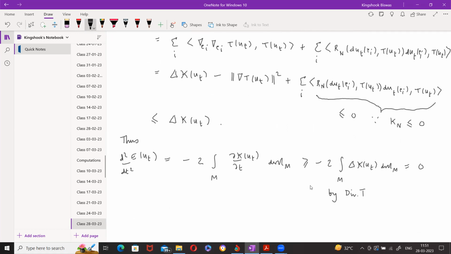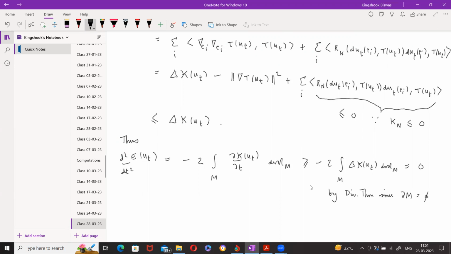The integral of the Laplacian over any closed manifold is 0, because this is the divergence of grad kappa, so it's the integral over the boundary, but the boundary is empty. This is 0.